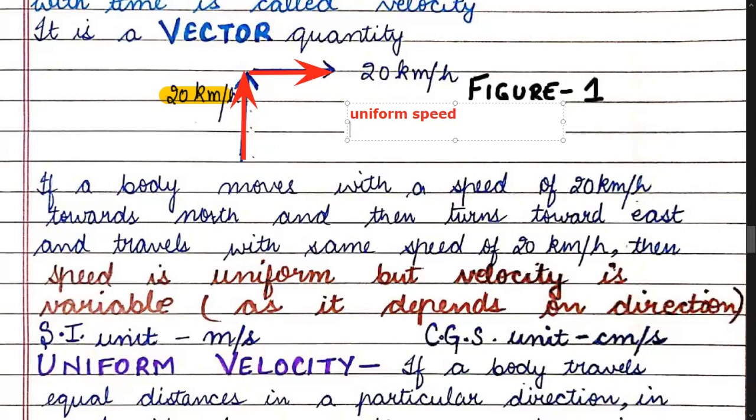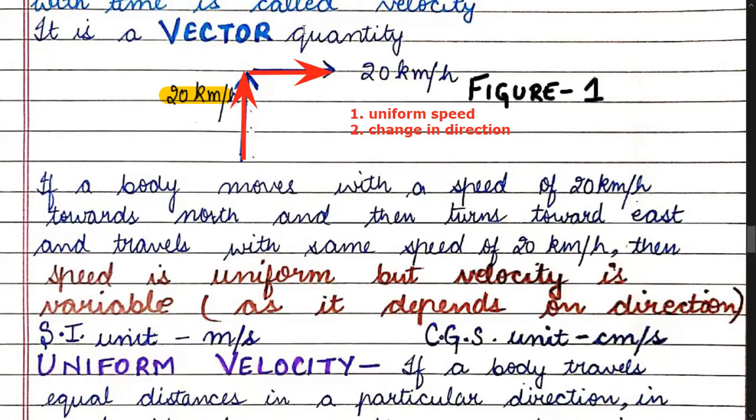But children, in case of velocity, we have to see speed as well as direction. Here speed is uniform. But is the direction the same or is it changing? There is a change in direction. So children, if the speed is uniform but direction is changing, then also the velocity is not constant. So this is an example.